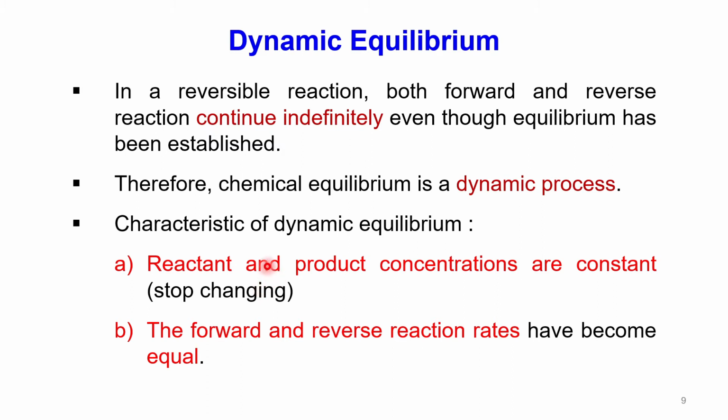At this point, when dynamic equilibrium is reached, the concentrations of reactant and product are constant, constant meaning remain unchanged, and the rates of the forward and reverse reactions become equal. So concentration constant, rate equal.